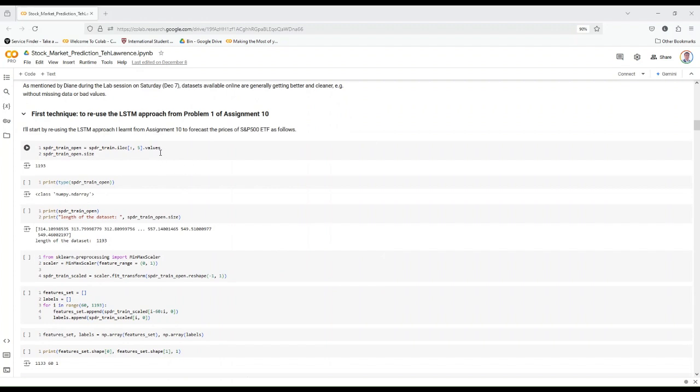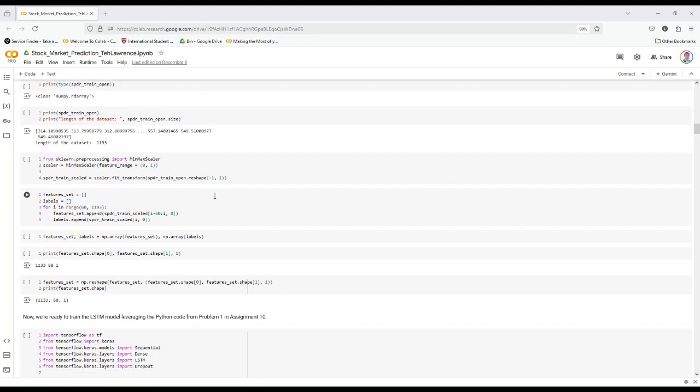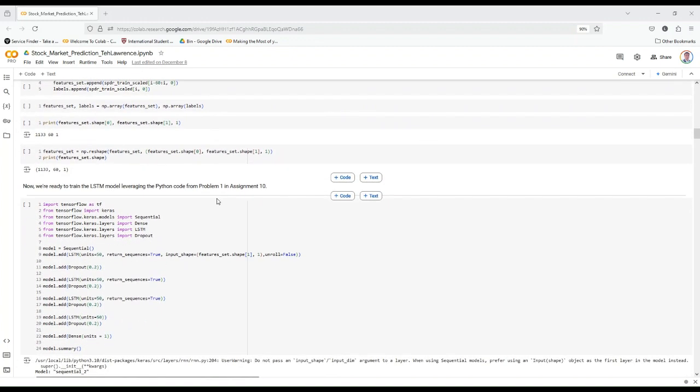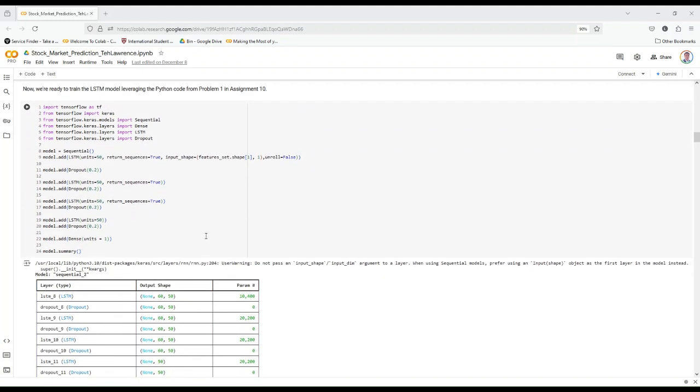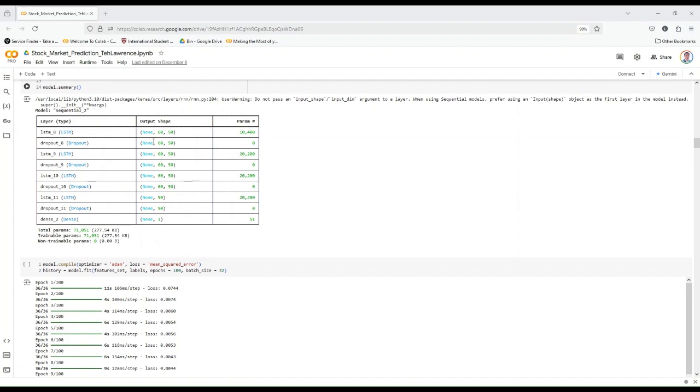We can see the code is very similar to what we saw in assignment 10. It's pretty much a reuse of my code from assignment 10. Here we have a quick look at the model summary.